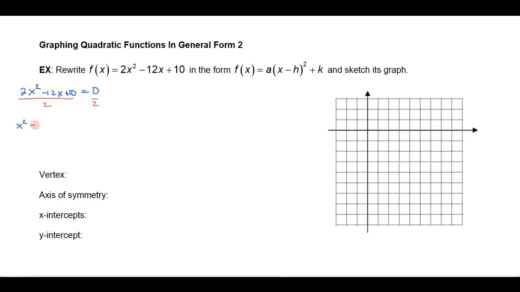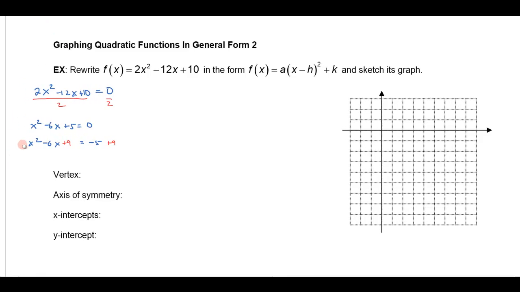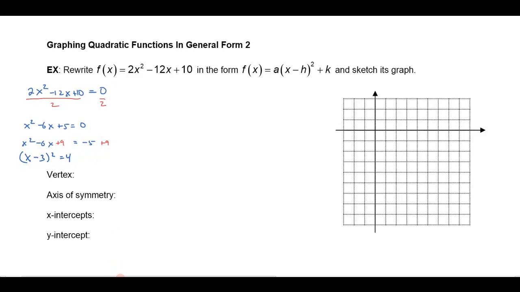So I had x squared minus 6x plus 5 equals 0, and then I'd push the 5 on the other side. And then I'd add 9 to complete the square, and I'd add 9 to the other side, and so on. Then that would give me x minus 3 squared is equal to 4, and I could extract the square roots.